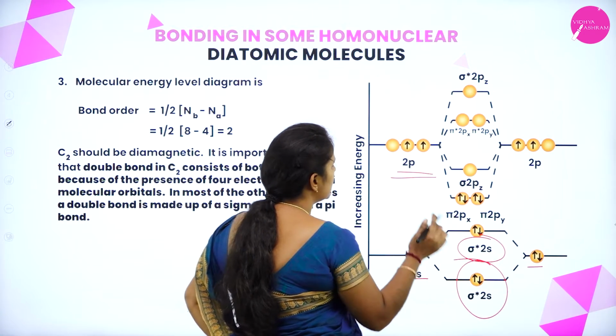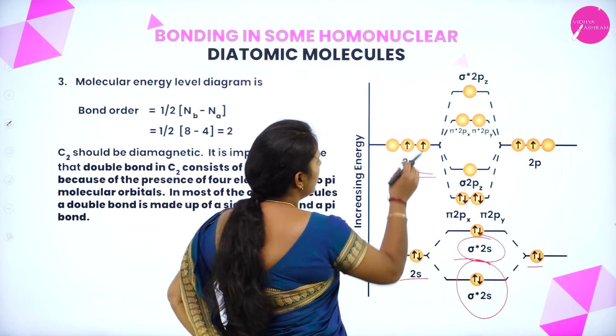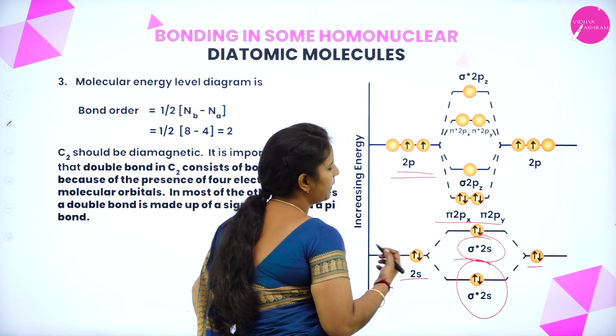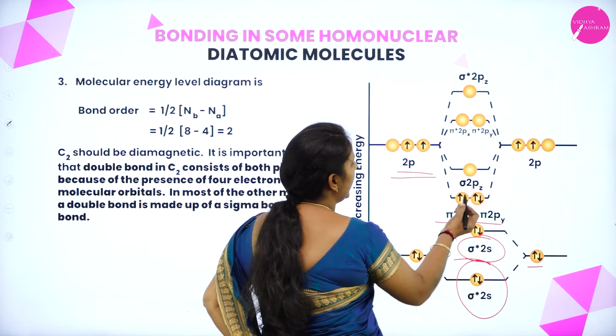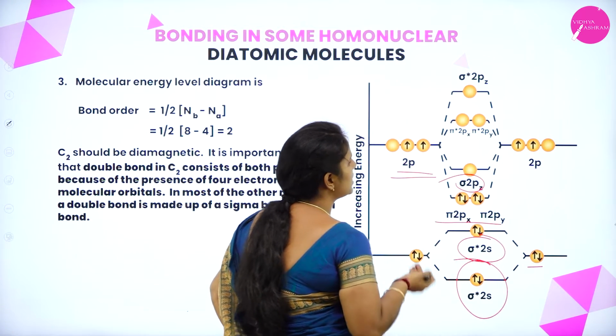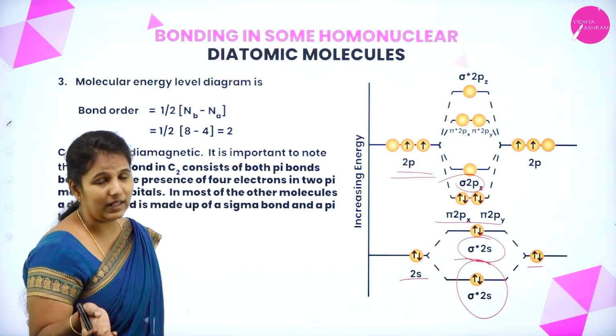Is it right? Yes. 2 electrons from one carbon atom, 2 electrons from the other carbon atom. When it shares, it will form pi 2px and pi 2py. You can see that the sigma 2pz is empty. Similarly, the pi star 2px and pi star 2py are also empty.